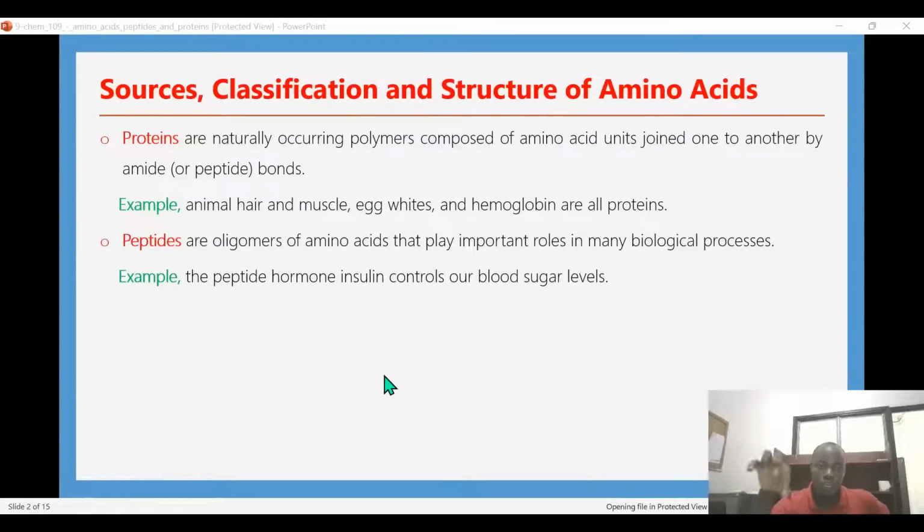Now you know that insulin is a peptide hormone, because the number of amino acids found in insulin is less than 50.